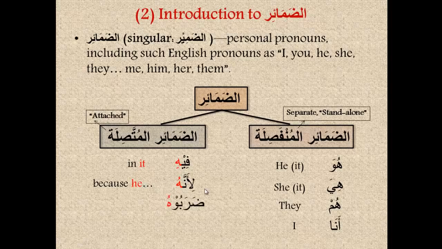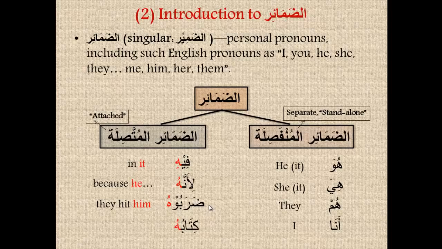Example number 3, we have darabuhu. This means they hit him. This is composed again of two words. Darabu in black means they hit, and the hu is an attached pronoun meaning him. Darabuhu, they hit him. And the last example, kitabuhu.